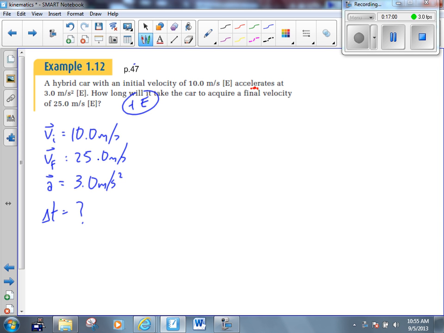Let's take a look at that list of equations that you just wrote down in your notes and see which one fits these givens the best. The first option that we had was a is equal to delta v over delta t. Let's take a look at that one. Does it seem to fit? We have a. We're looking for t, so that counts. Do we have delta v?